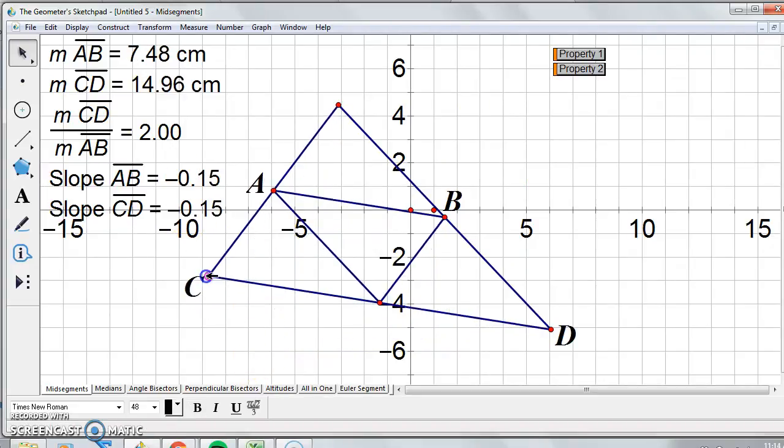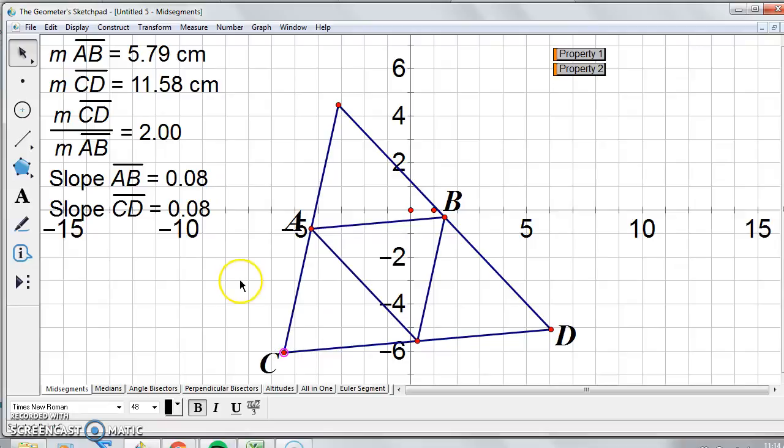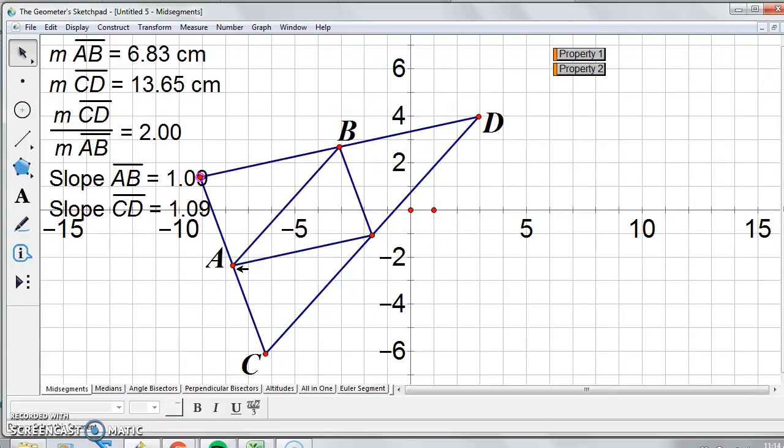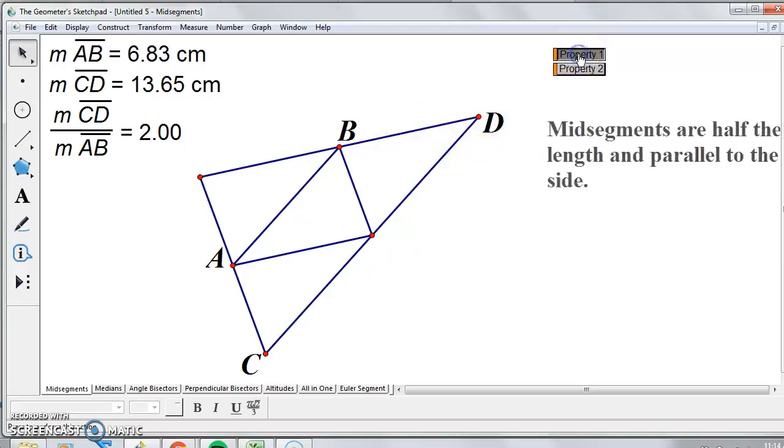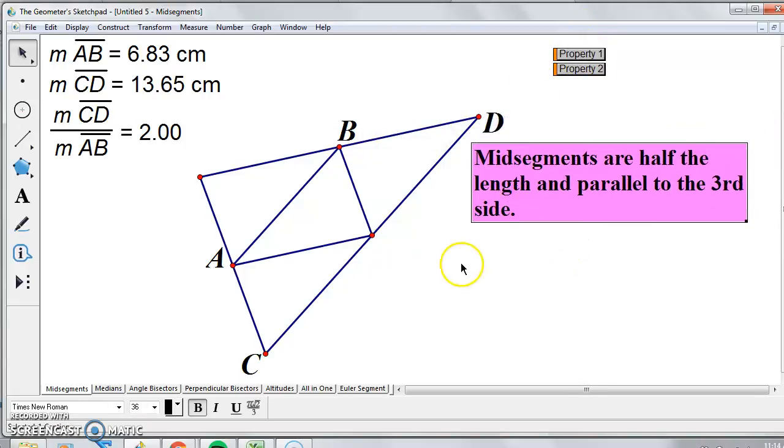As I move this around, they're always going to be the same. So I'm going to get rid of the grid there because it's kind of in our way. But you can see that the slopes are the same. So property number 1 is that mid-segments are half the length and parallel to the third side. So that's what we're looking at there.